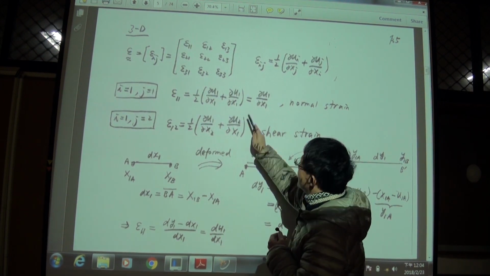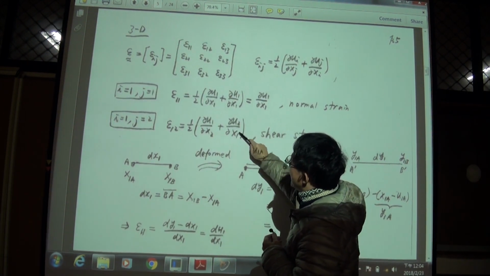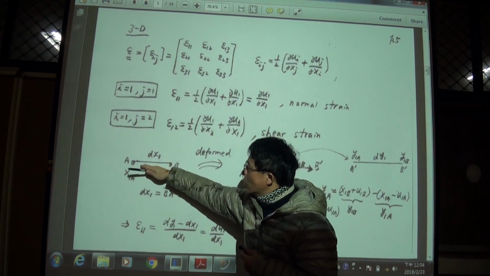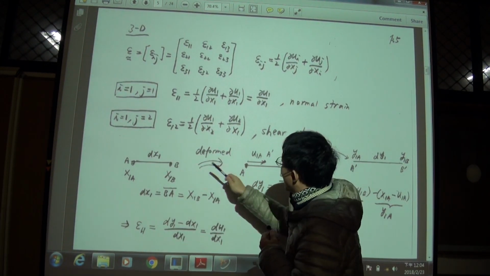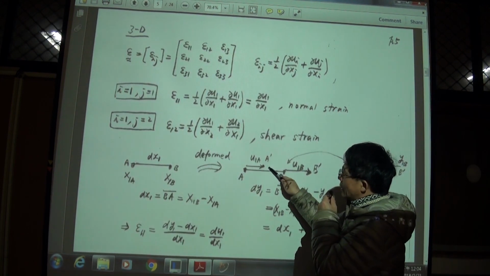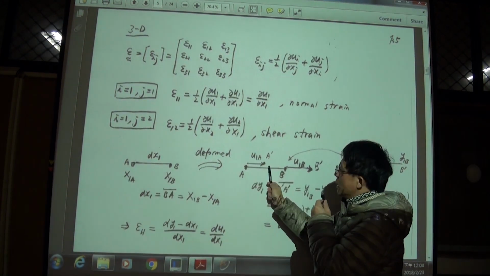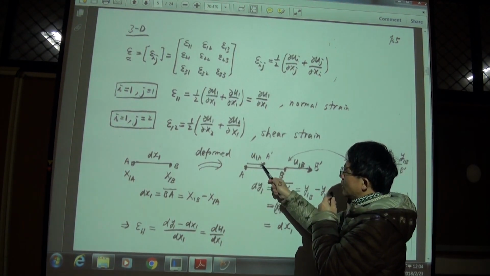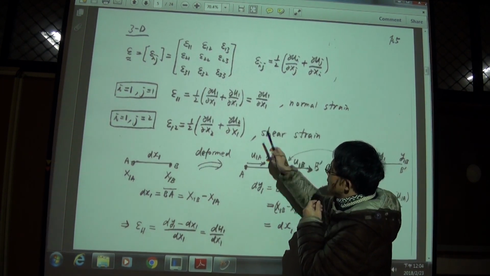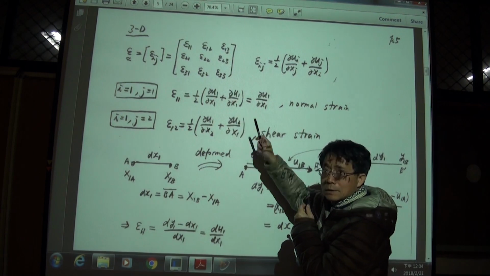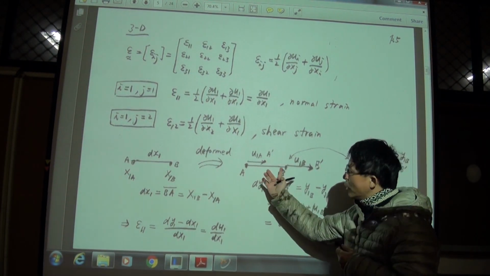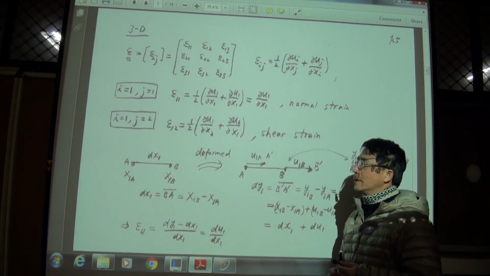Once again, partial x1 is dx1, the horizontal material line. But point A can be deformed in the horizontal direction and the vertical direction. If you deform it in the horizontal direction, we have this. But if we deform in the vertical direction, we have this. And then this will give you the shear strain.